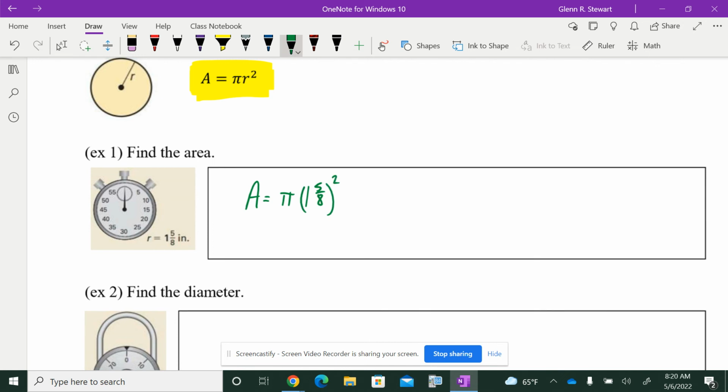Now here's the deal. 1 5/8 might be a little bit tricky to do, so in your calculators, you might want to plug in first what 5/8 actually is. So the area is equal to pi times 1.625 squared.